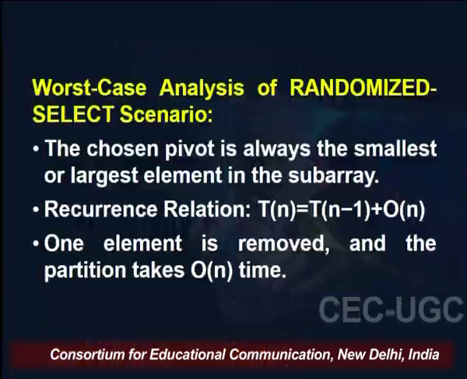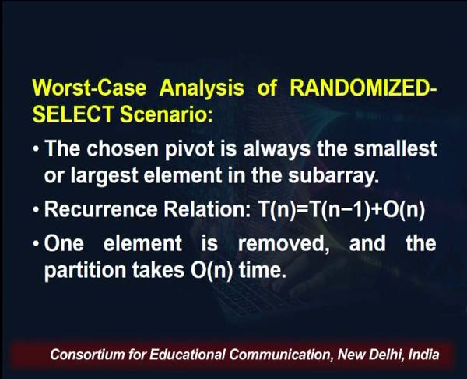That is a possibility, and the recurrence relation in this scenario will be T of n equals T of n minus 1 plus order of n. So every time the array is reduced by 1 element, and the partition obviously is going to take order n time. So the recurrence goes like T of n equals T of n minus 1 plus order of n.